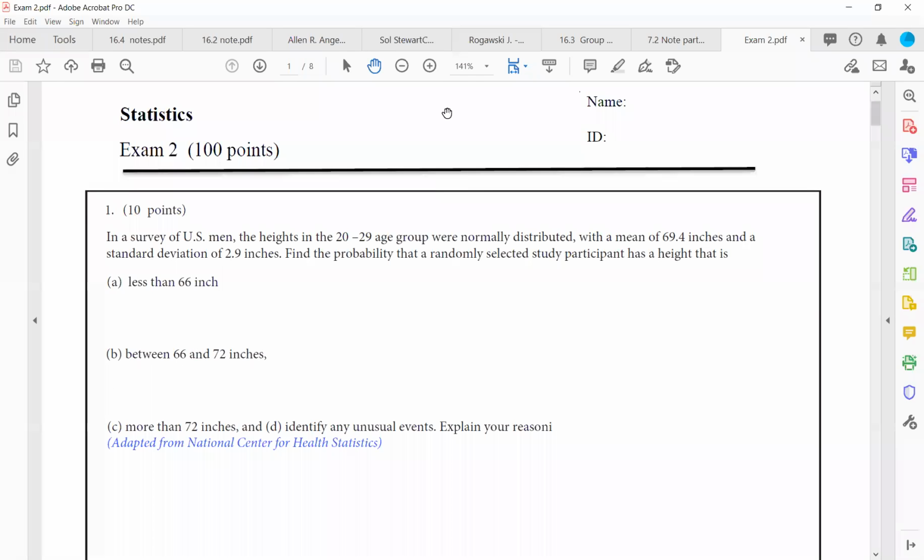Okay, perfect. The first one says less than 66 inches. The second one says between 66 and 72.